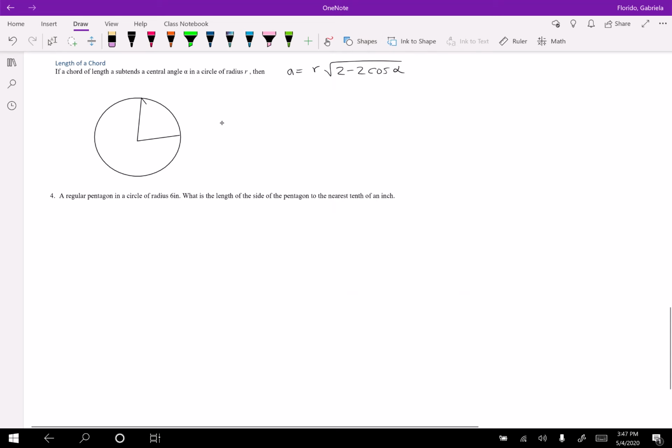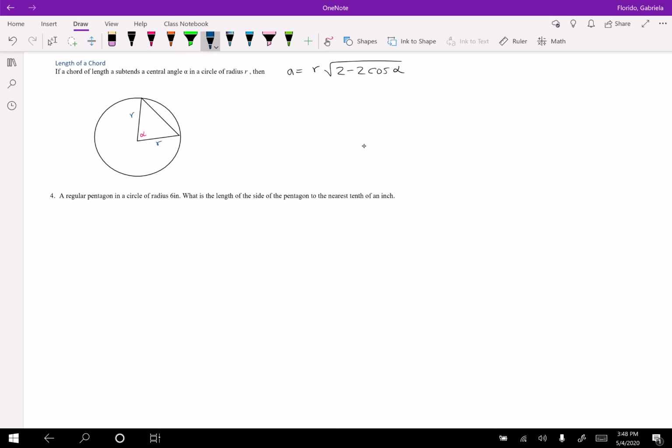And again, we are going to create a chord. So here's the chord. Alright, that looks good. Perfect. And so we have our angle alpha, which is our central angle. Notice that it says that the circle has radius r. So that means that this length here is r, this length here is r.